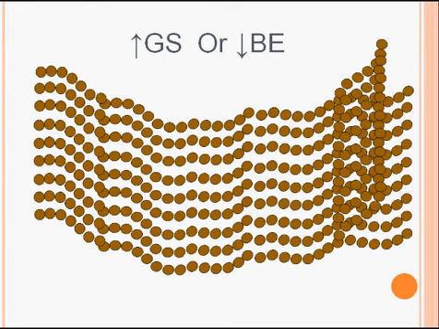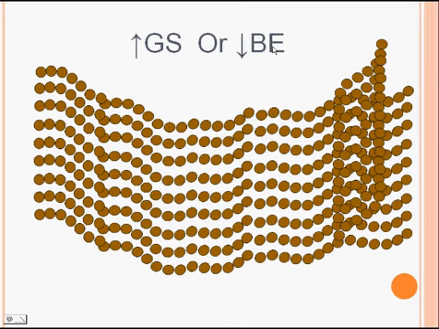Therefore, the cause of polyglucosans and polyglucosan bodies is either too much glycogen synthase activity, meaning too much elongation, or insufficient branching enzyme activity, and that means insufficient branching.